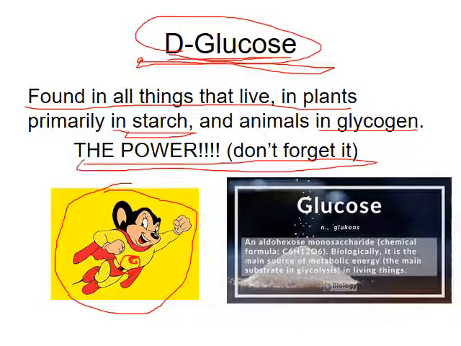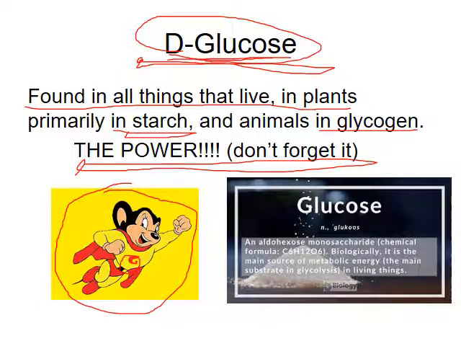Now the previous teacher that gave me these PowerPoints told me that glucose was just found in grapes and honey and things like that. That's all wrong. Glucose is found in every single living cell there is, because every single living cell requires, well, doesn't require, but prefers glucose as an energy source.